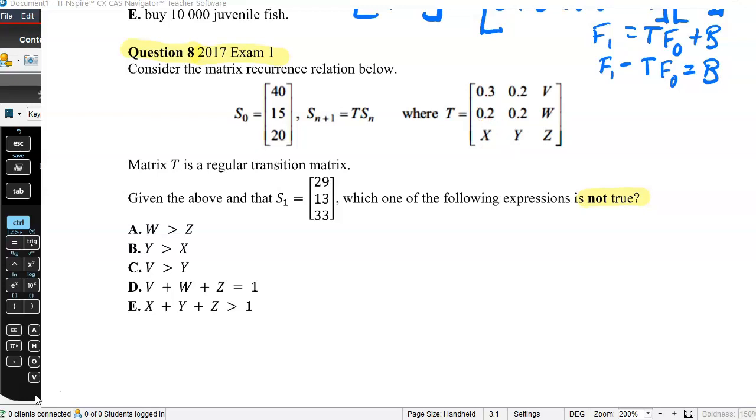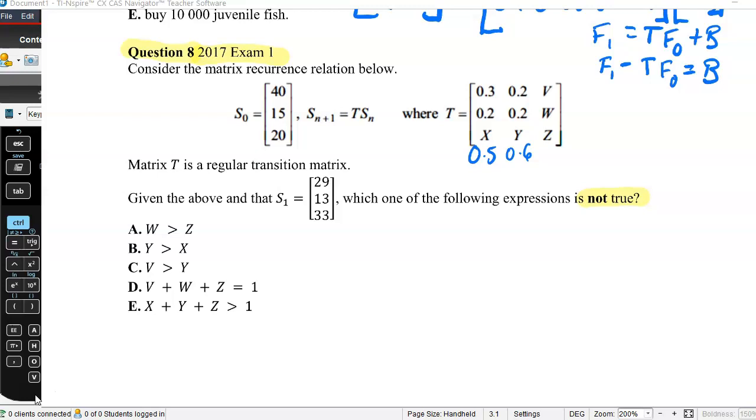We've got 0.3, 0.2, so x has got to be 0.5, doesn't it? Because then that column adds up to 1. 0.2, 0.2, y is 0.6. Okay, so that's getting us somewhere. That's helping us a little bit along.